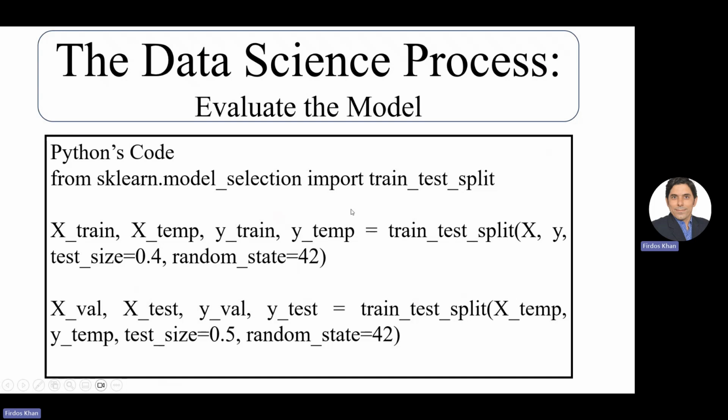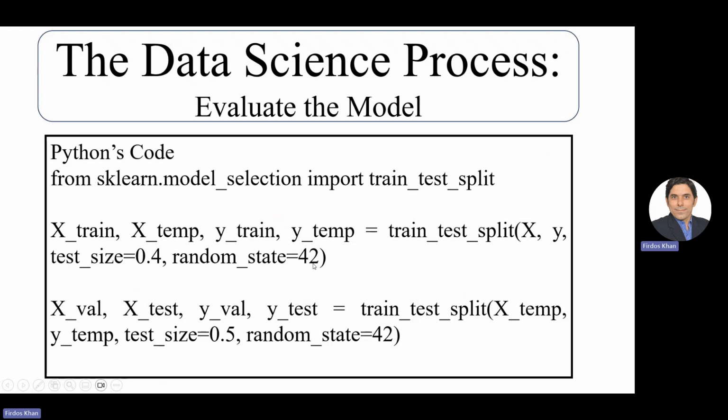This is a function that can be used to divide the data into these two categories. Here test_size is 0.4, that means 40% for the test and 60% for the training. And this is the randomization, random state 42.